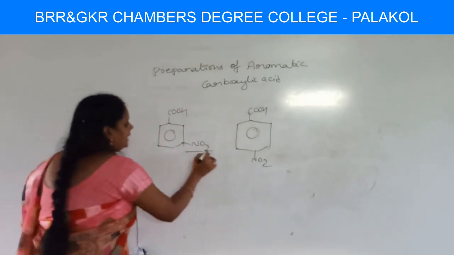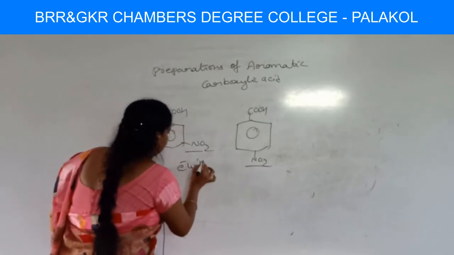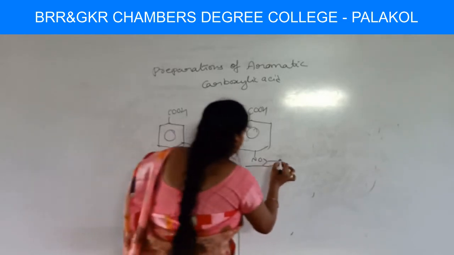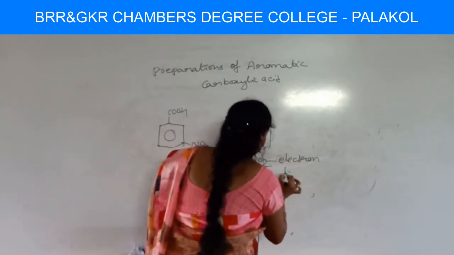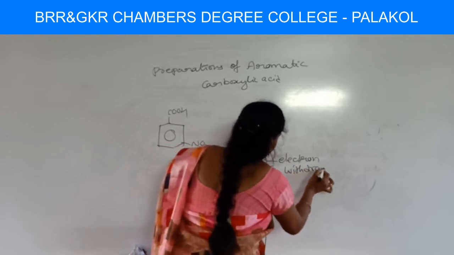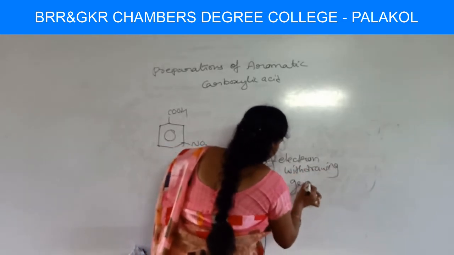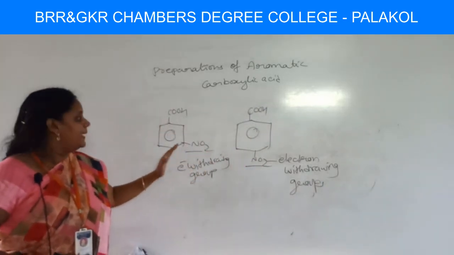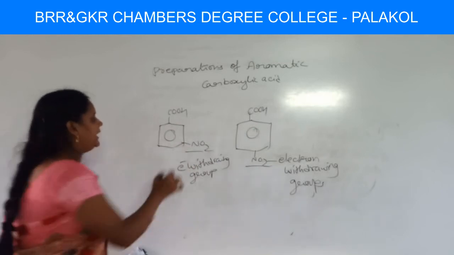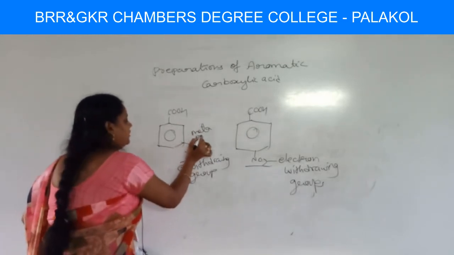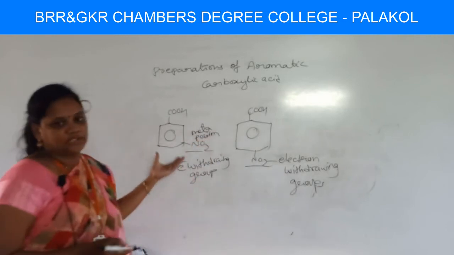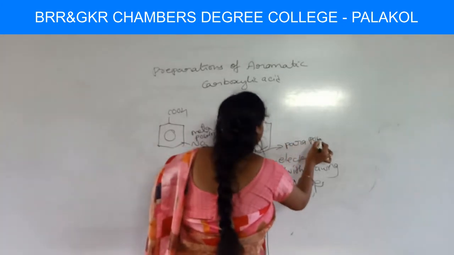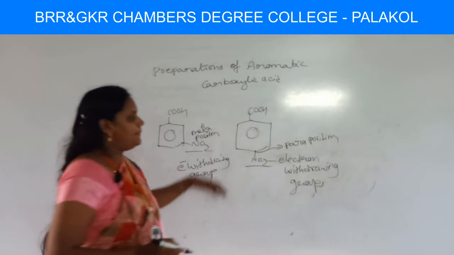Here both these have electron withdrawing groups. Okay, but here it is present in the meta position. Hence it is a meta isomer. Here it is present in the para position. Hence it is a para isomer.